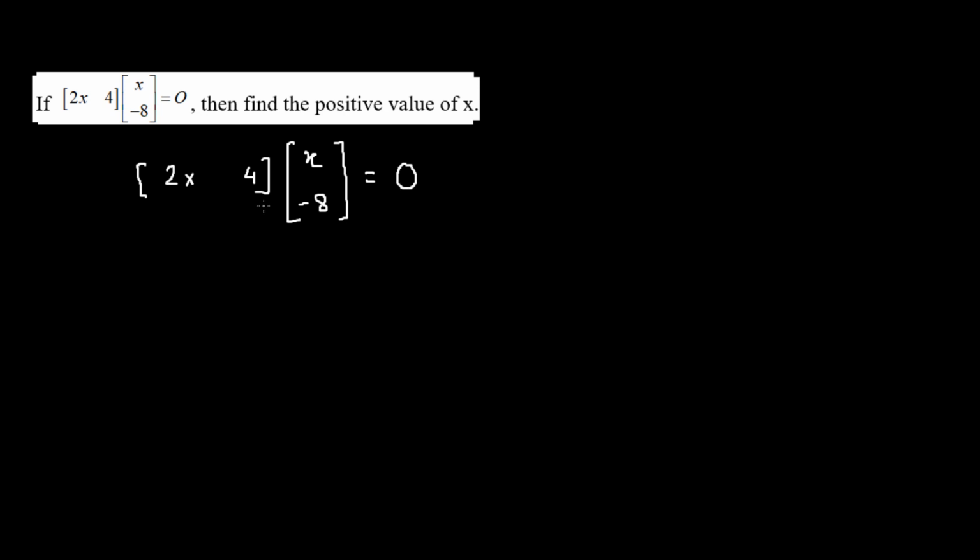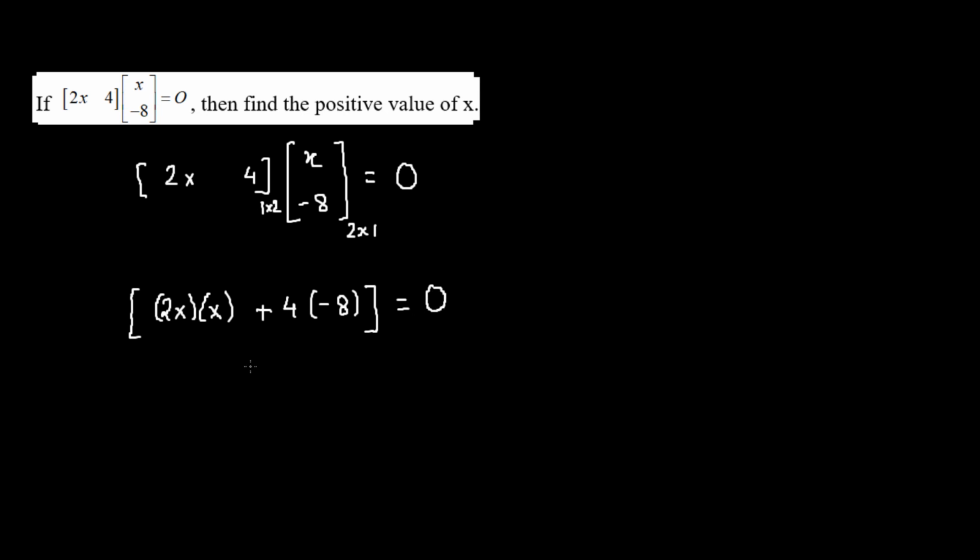Now the row matrix is of the order 1 cross 2, and the column matrix is of the order 2 cross 1. When we multiply them, we should get a 1 by 1 matrix. So let's multiply. 2x will get multiplied by x, and 4 will get multiplied by negative 8.